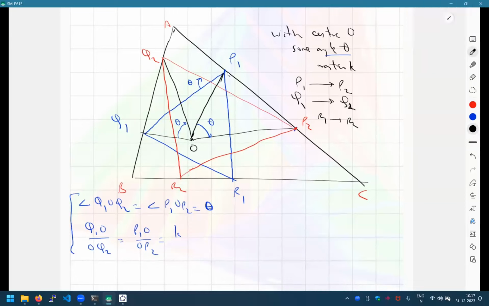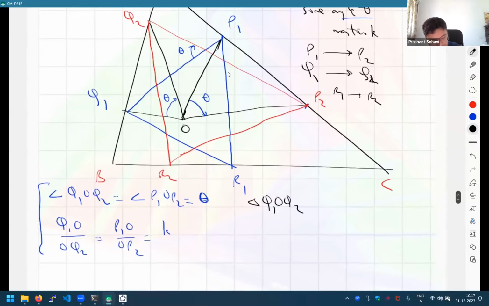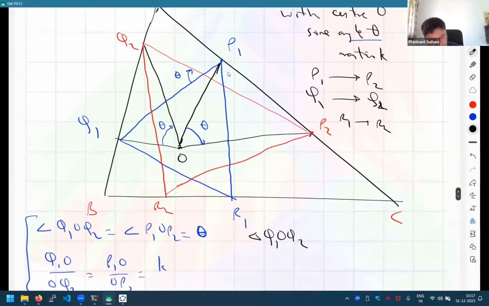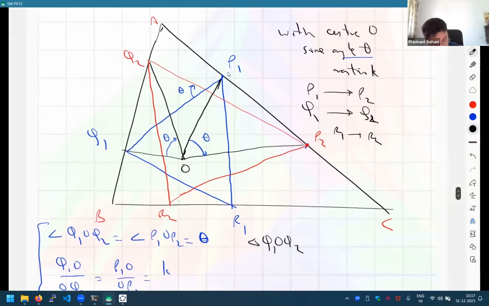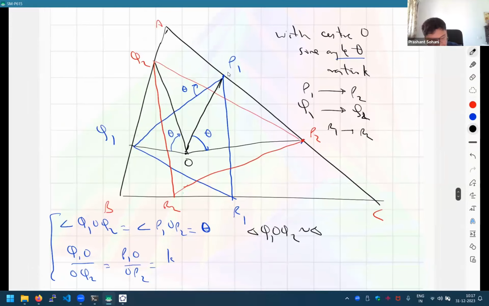Yes, triangle Q1OQ2 has to be similar to triangle P1OP2 by the SAS test of similarity, because exactly two pairs of sides have their ratios given and the angle between them is given. So these two triangles are similar, Q1OQ2 and P1OP2.